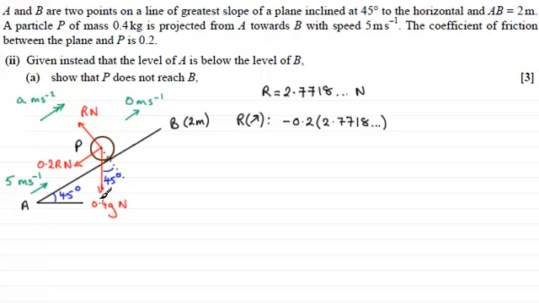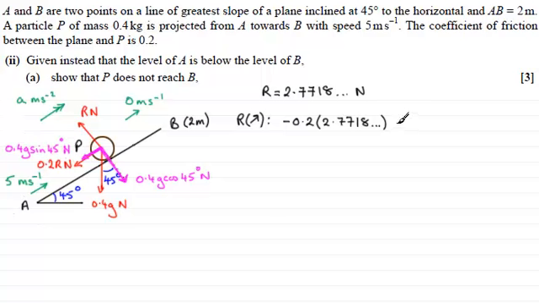Now as for the weight, this force here is inclined at an angle to the direction we're resolving in. And so looking at the components of this, which we looked at in the very first part of the question, we've got this component down the plane of the weight that we're interested in, which was 0.4 g sine 45 degrees.